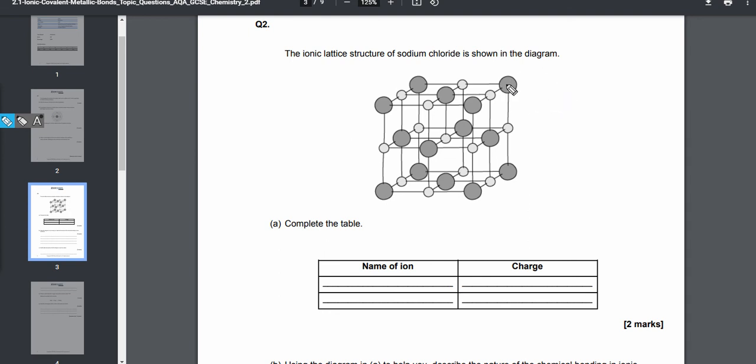So we can consider this as the chloride and this as the sodium. So their size may or may not be the same. So you can say that the size of the sodium ion and chloride ion is not drawn to scale.